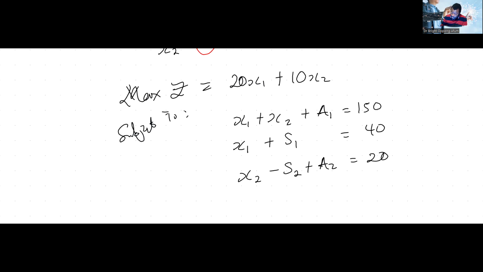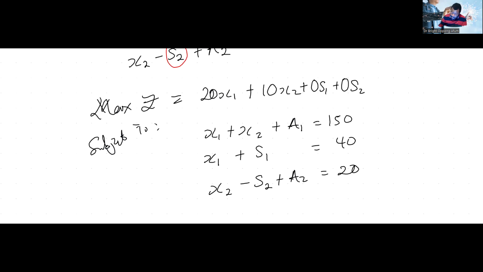And because we have introduced s1 and s2, they contribute nothing to the objective function. So it will be plus 0 s1 plus 0 s2, right?